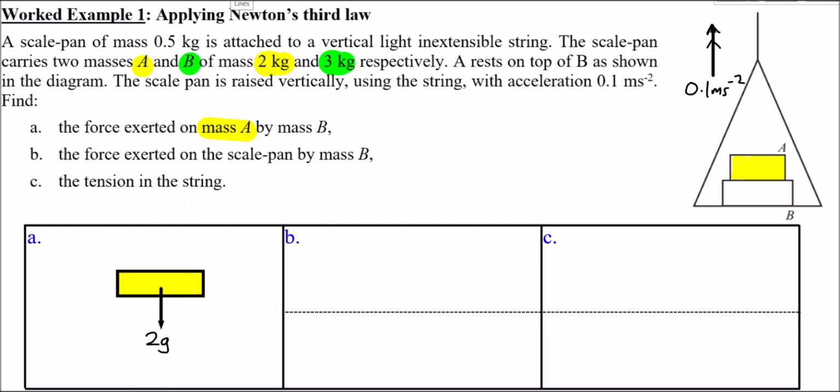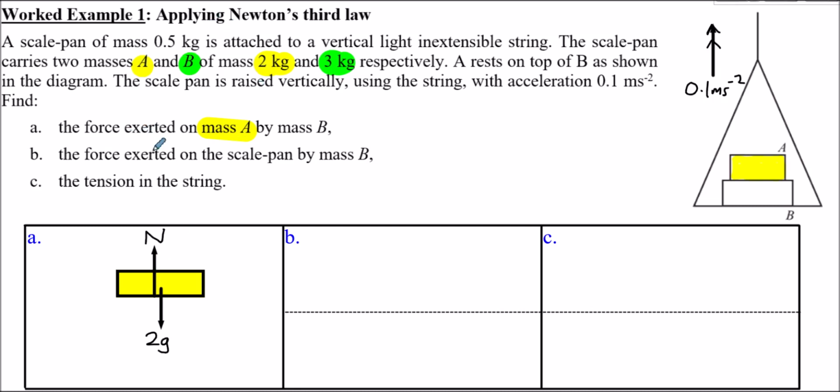And acting upwards on A is going to be the reaction, which is the force exerted on mass A by mass B. So I'm going to call this a normal reaction force, N. And those are the only forces acting on A. Anything going down on A is its weight. Nothing else is physically pushing it down. And pushing it up in reaction to its weight is this force N.